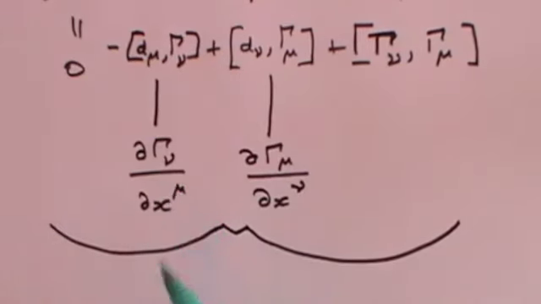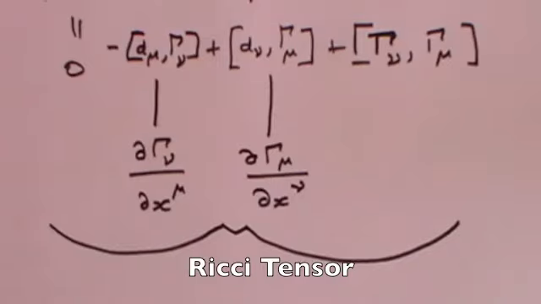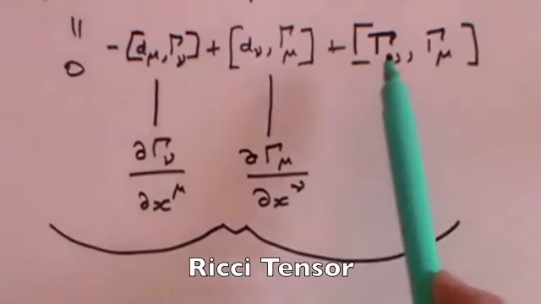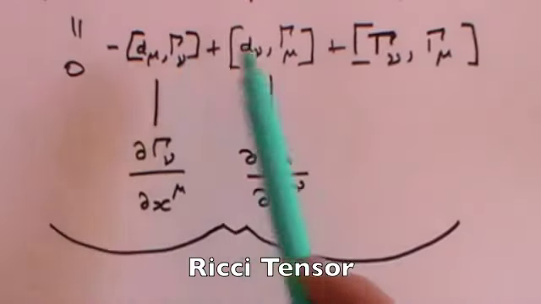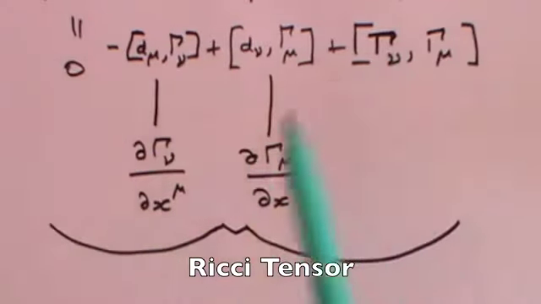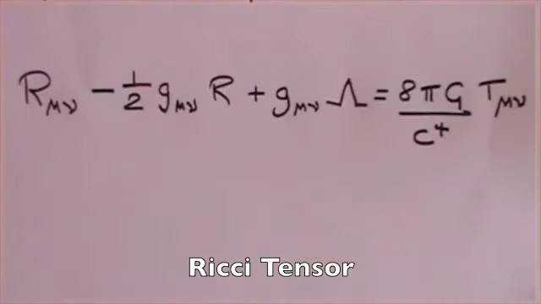It's called the Riemann tensor. I can tell you that for our purposes, it can be regarded as the Ricci tensor, which we need. And that's why we needed to derive the Christoffel symbols, because as you can see, the Ricci tensor contains Christoffel symbols and derivatives of Christoffel symbols. And the Ricci tensor, remember, was the first term in the Einstein Field Equations, which I'm showing you now just to remind you.